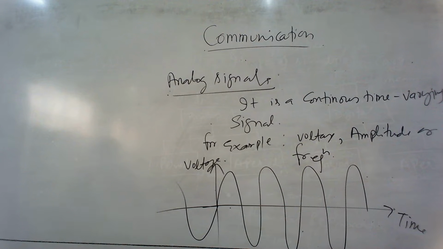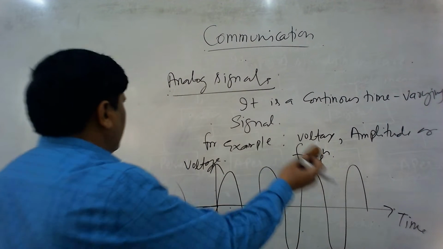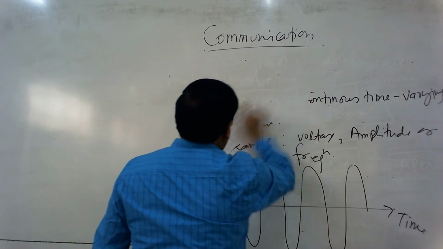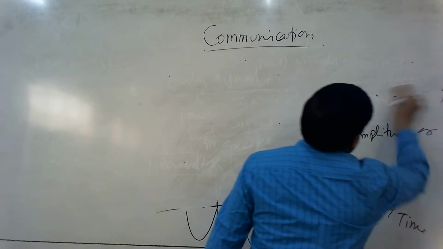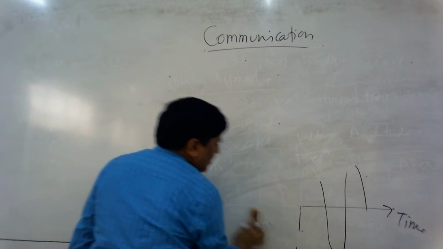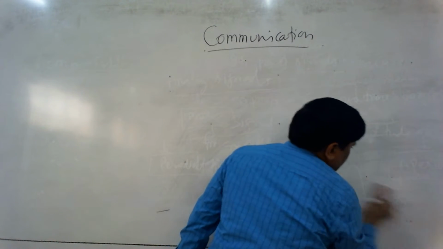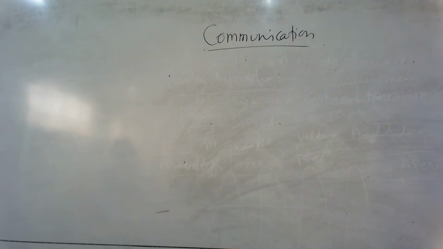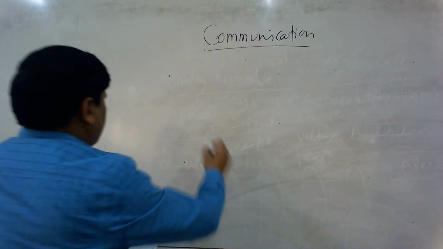After that, we will consider digital signal. A digital signal is basically considered in the form of 0 and 1.